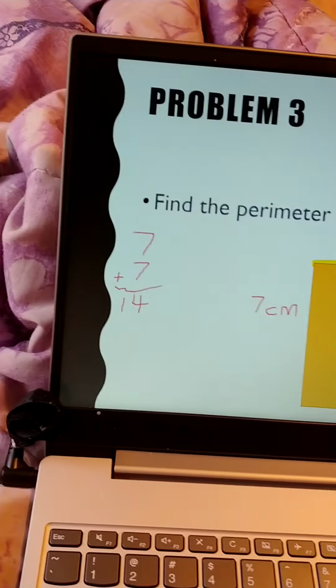So we have 15 take away 9. Now, if you are having trouble with that problem, you can always draw 15 circles and cross off 9, and then after you cross off your 9, you can count how many are left. So, 15 take away 9 is going to give us 6.